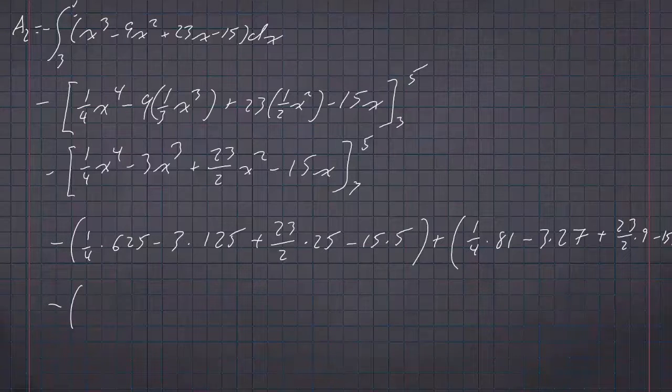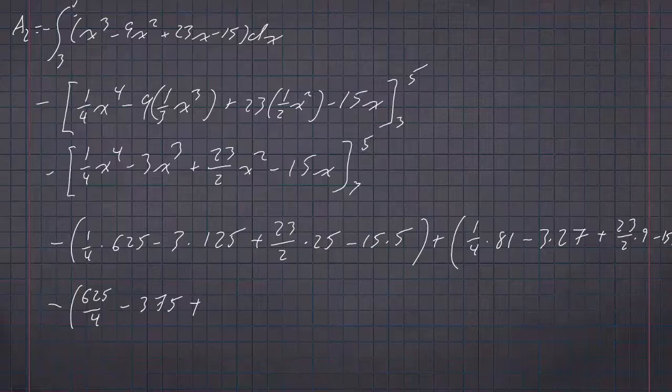All right. But we have 625 over 4. We have 375. We have, let's see, 23 times 25 is going to be 575. And 15 times 5 is 75.